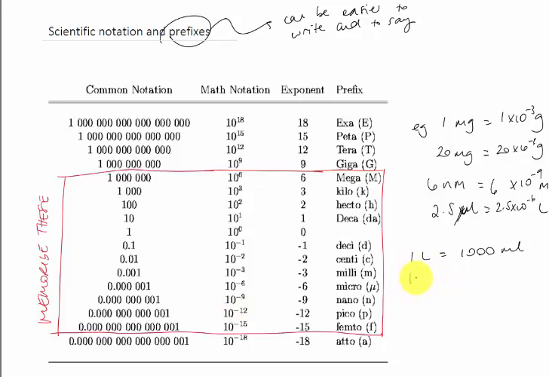And similarly, 1 milliliter is equal to 1,000 microliters, because a microliter is 10 to the minus 3-fold smaller. 10 to the minus 6 is 1,000 times smaller than 10 to the minus 3, and so on. So 1 microliter is 1,000 nanoliters, and 1 nanoliter is 1,000 picolitres.